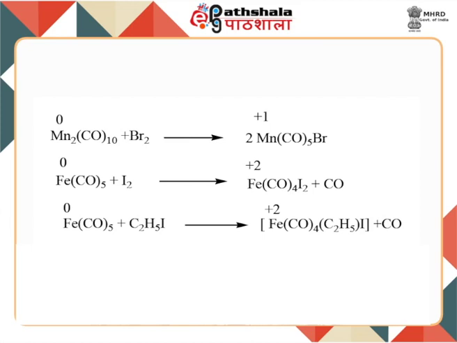For example, Fe(CO)5 on reaction with iodine gives Fe(CO)4I2 complex with the release of one carbon monoxide molecule, in which the oxidation state of iron changes from 0 to +2. You can see some other examples also.